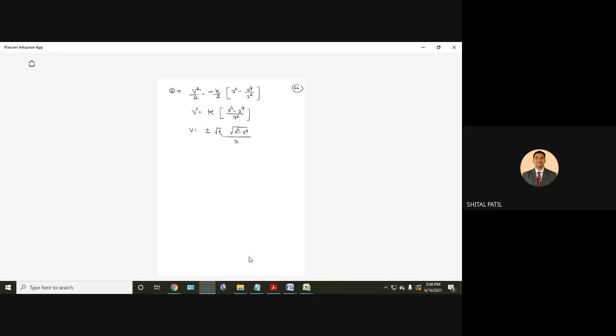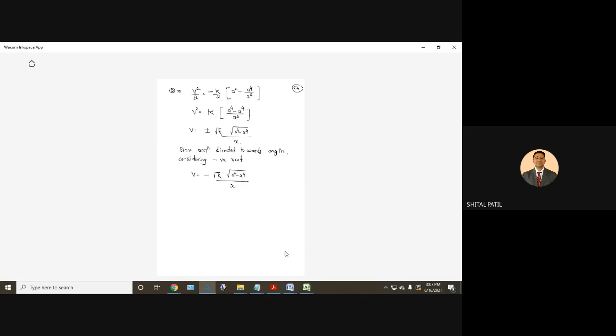Taking root. Then, since acceleration directed towards origin, considering negative root. But what is the v?